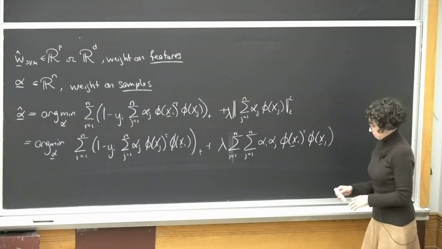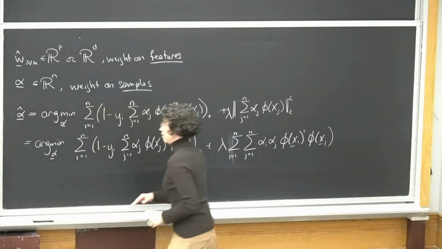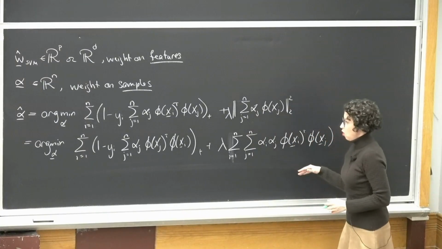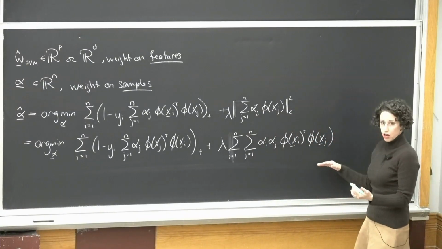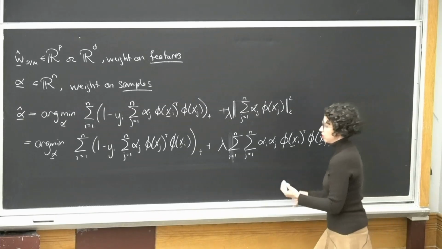And the reason that I've written it out this way is because now we can see that this objective function only really depends on inner products of phis of x's and never explicitly just the phis.